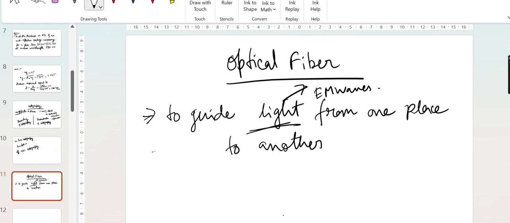So in optical fiber, the phenomenon we use is total internal reflection. Another thing is that there are different kinds of modes: longitudinal modes, transverse modes, TM modes, and modes in both the X and Y directions.